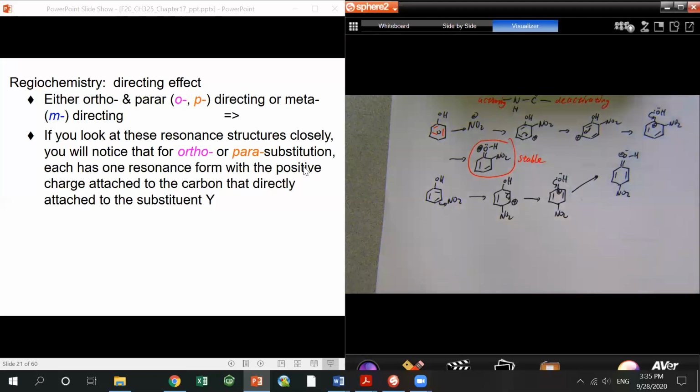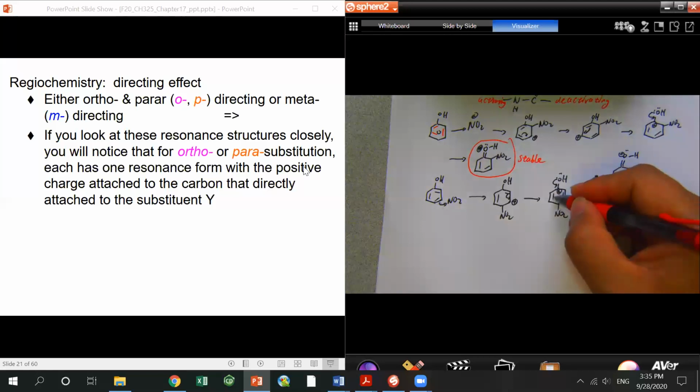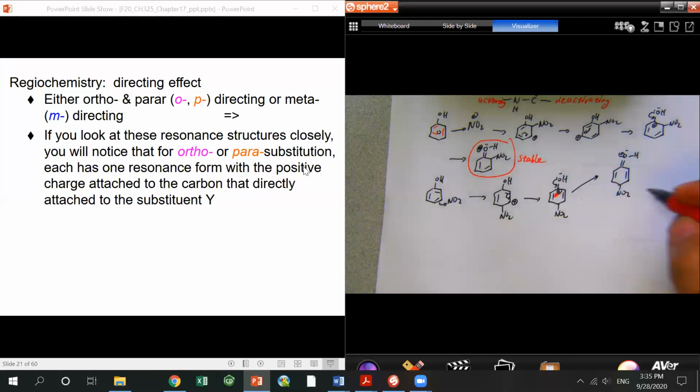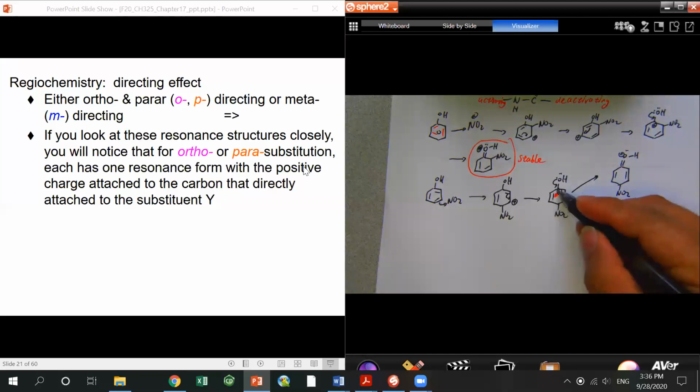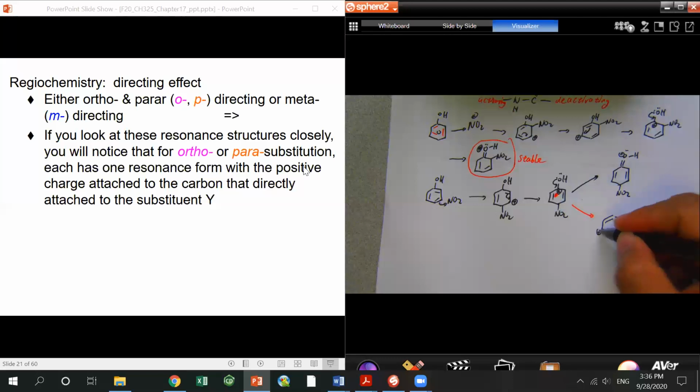And certainly you can shift the electrons like this, the pi bond shifts to between these two carbons. So here goes here, and then no positive charge here.